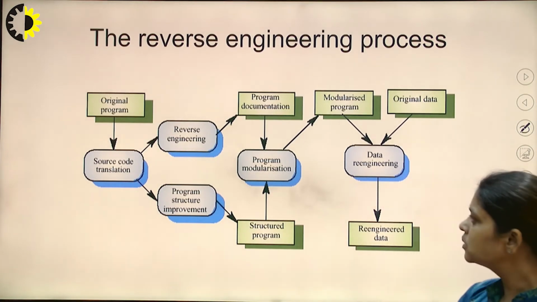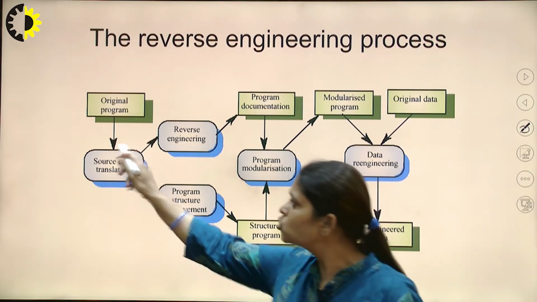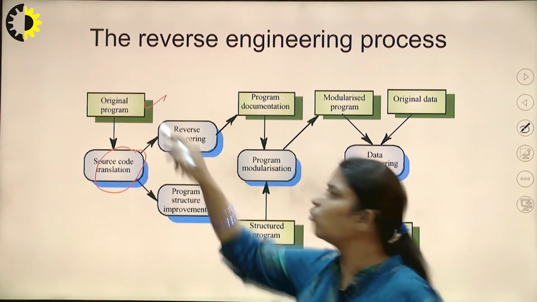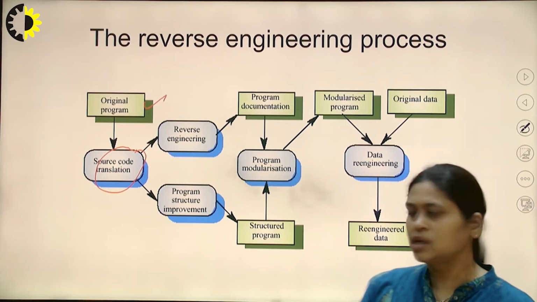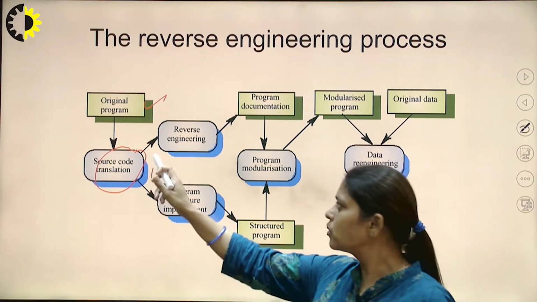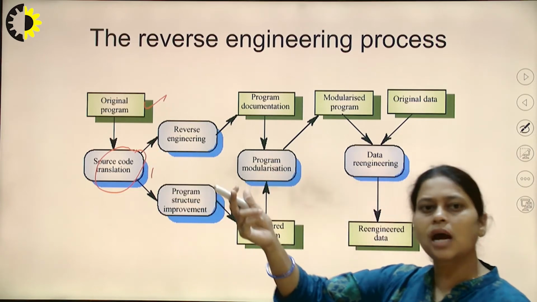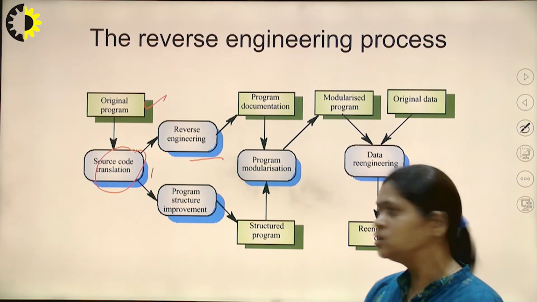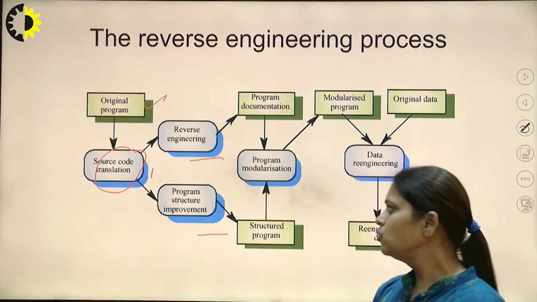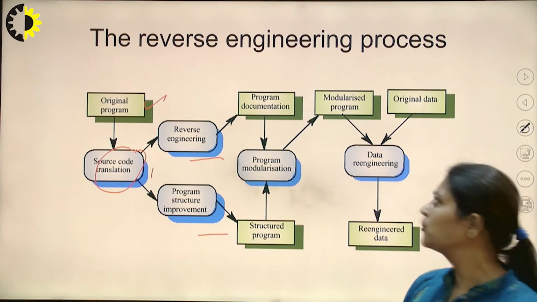In this reverse engineering process, there is source code translation. This is our original program on which we want to apply the reverse engineering process. Because we start with the code, we apply reverse engineering and use a program structure for improvement.